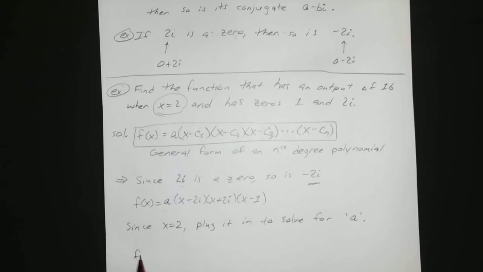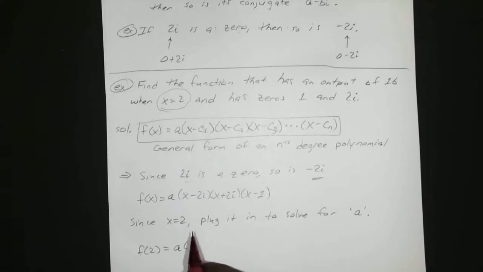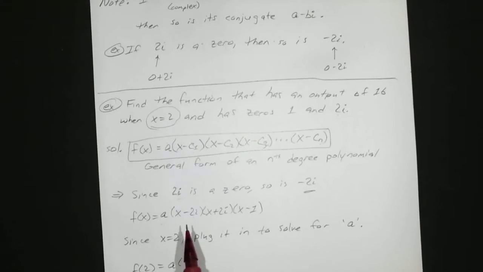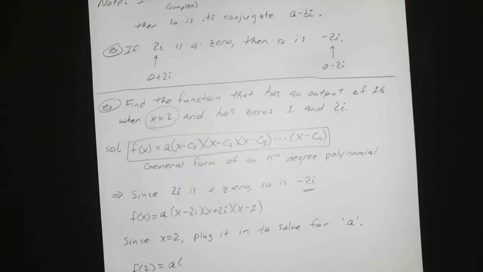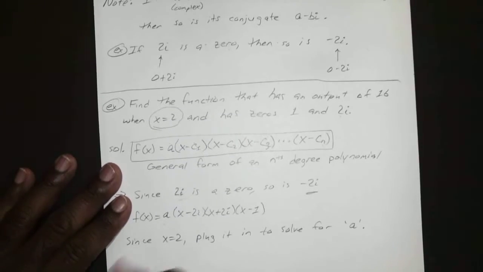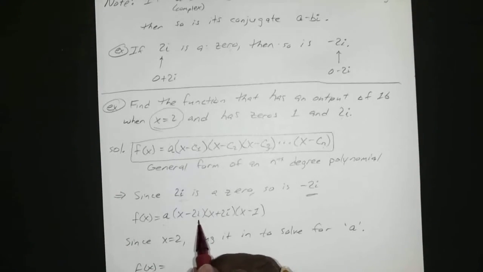Okay, so we know that f of 2 equals a times 2 minus 2i. I mean, what am I looking at? Well, I guess you could factor that out first. You don't have to. So it's probably easier to distribute it first. So we'll just make f of x equals, and we'll FOIL this out first.